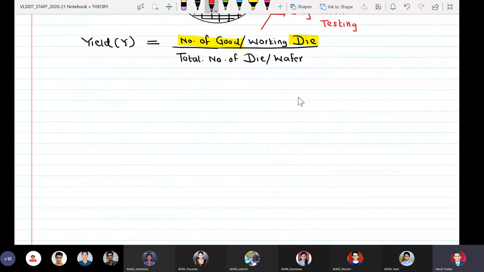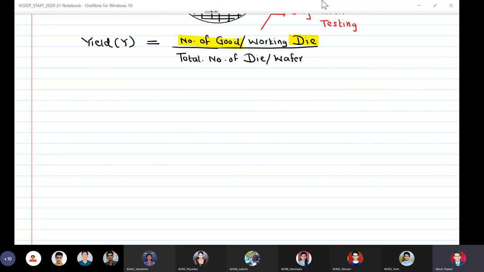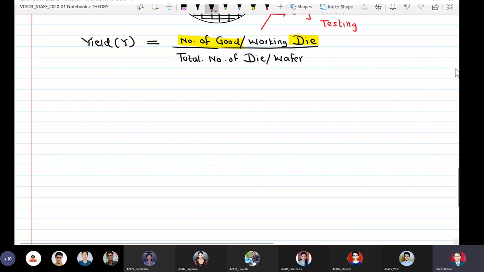Now there are some important aspects of testing which we'll cover. And there are some terms which we need to understand. There's a difference between the terms verification, validation, and testing.